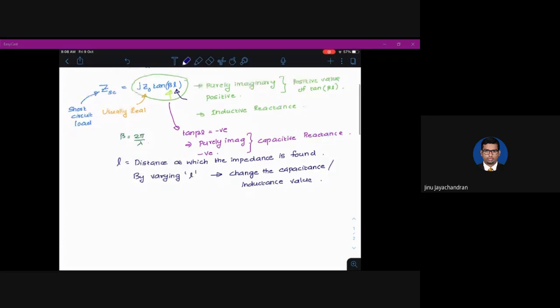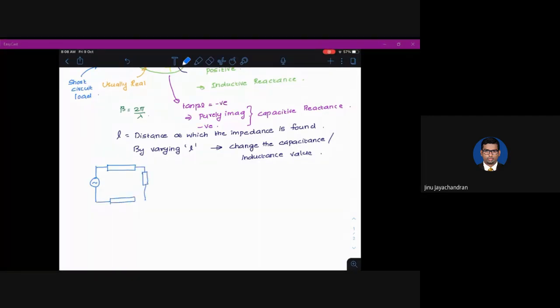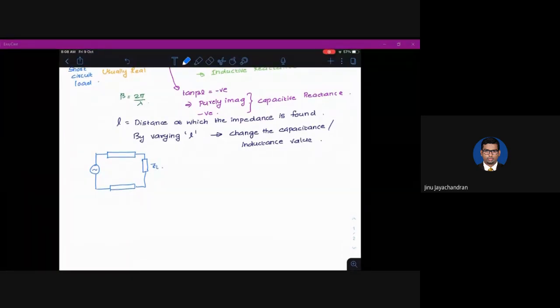So if you have a transmission line like this, okay, there is a load ZL, and for example ZL should be equal to 0, which is basically a short circuit.